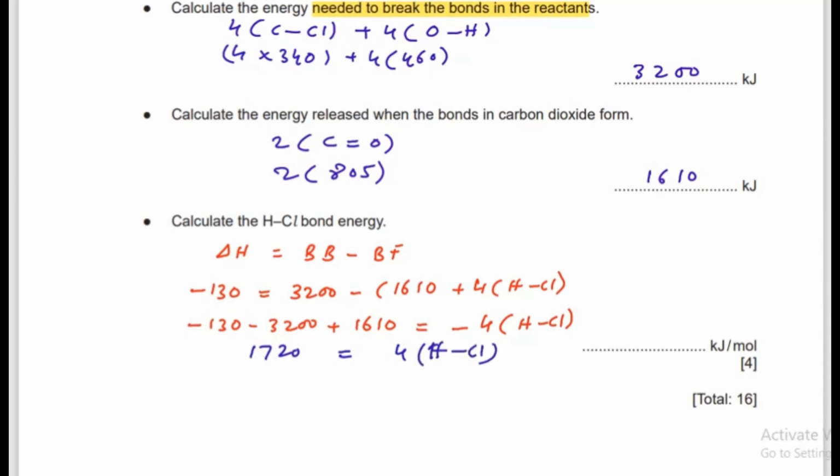Here we have the negative sign with this and negative sign with this, so we can cancel this negative sign. So the bond energy for H-Cl is 1720 divided by 4, which is 430. So 430 is the energy released when the bonds of H-Cl are formed.